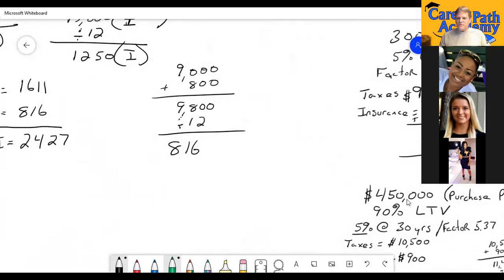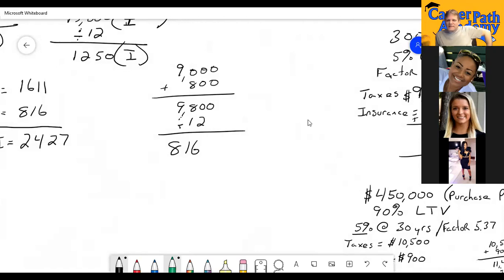Here's another math problem for you guys. One more, and then we can move on. You see down here, $450,000 is the purchase price with a 90% LTV at a 5% interest rate for 30 years.